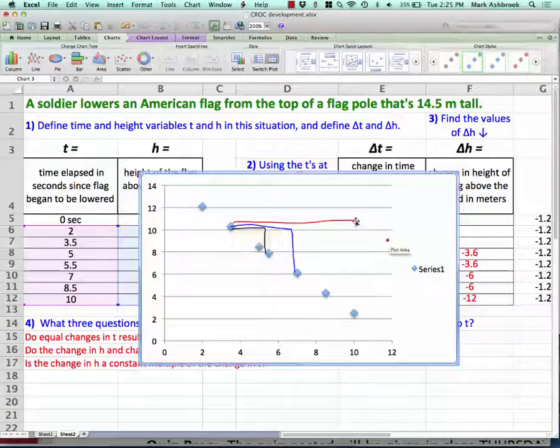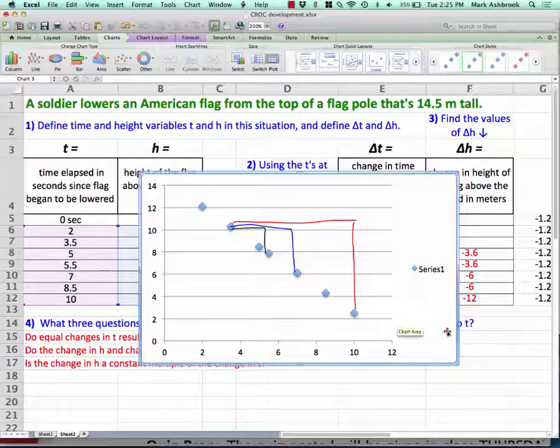I didn't have to start at the same point each time, but that's one way to do it. Through that illustration, we could look at each corresponding delta H and delta T, see that the ratios are the same, see that you always have a constant multiple that would give you delta H from the corresponding delta T.